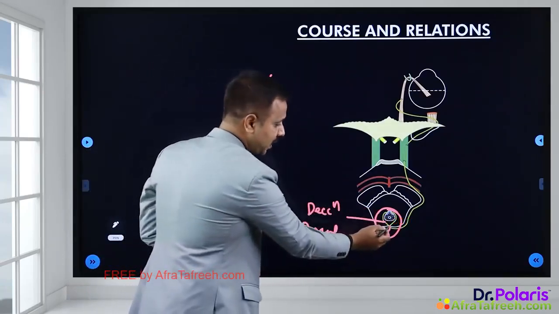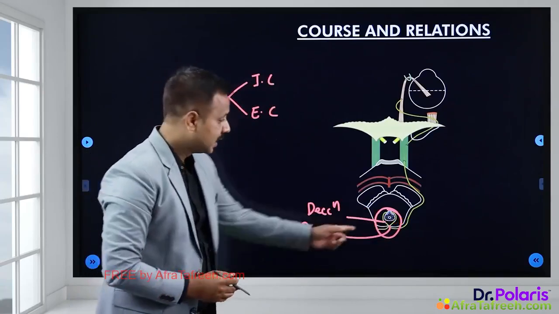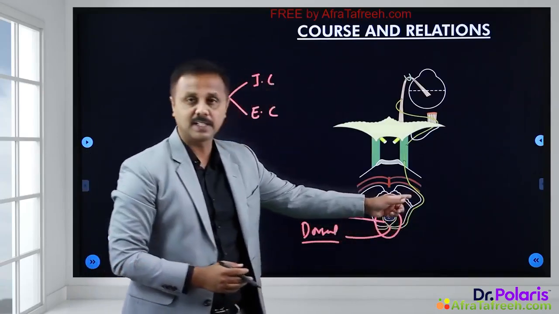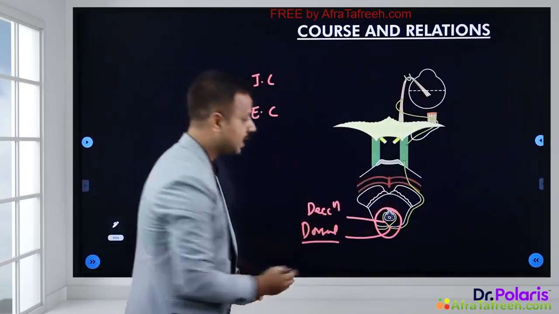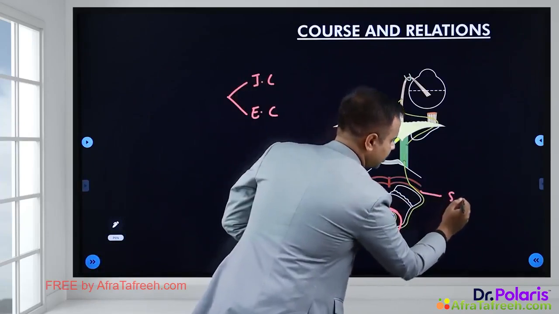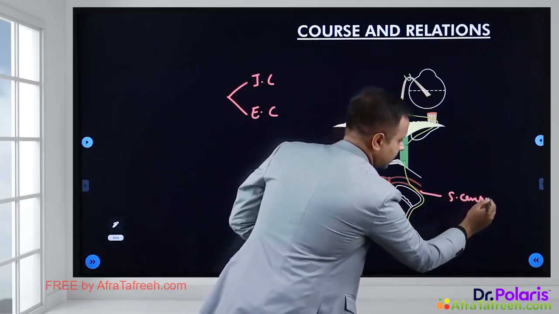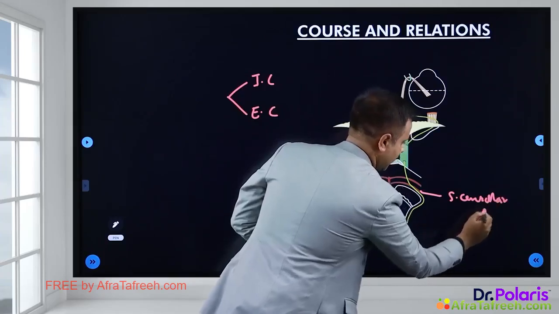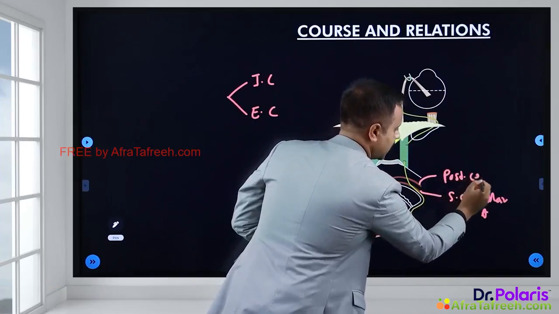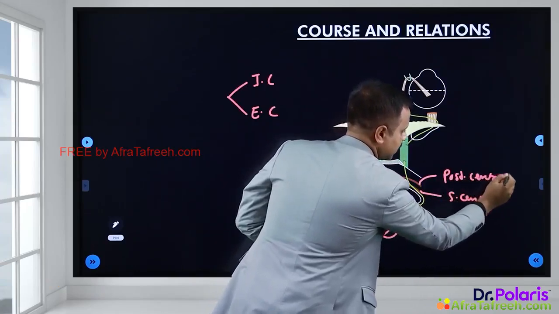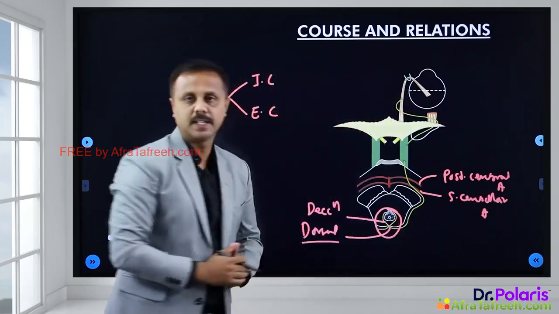After it arises from the dorsal surface of the midbrain, the trochlear nerve winds around the lateral surface, then passes between two arteries. And what are those two arteries? One is the superior cerebellar artery. And the other is the posterior cerebral artery. Right?